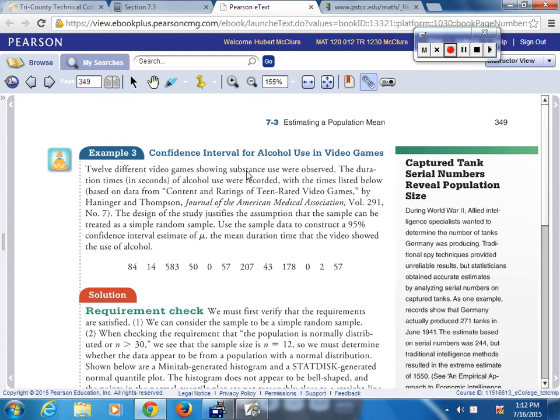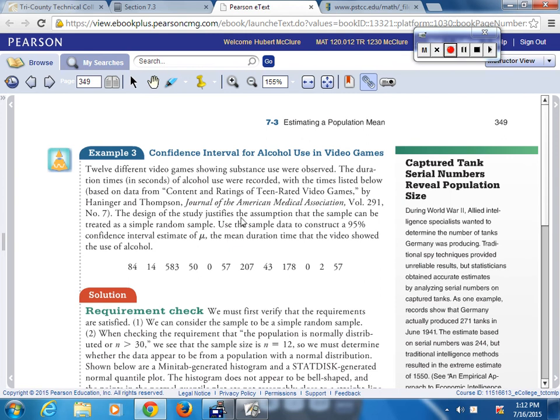12 different video games showing substance use were observed. The duration times in seconds of alcohol use were recorded. Oh my gosh, some people don't have anything to do. Listed below.